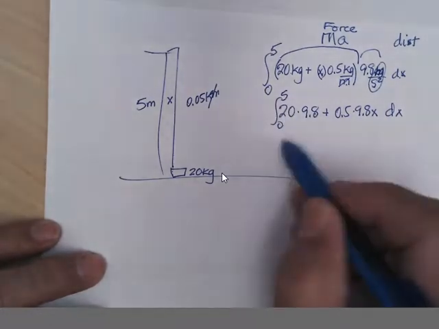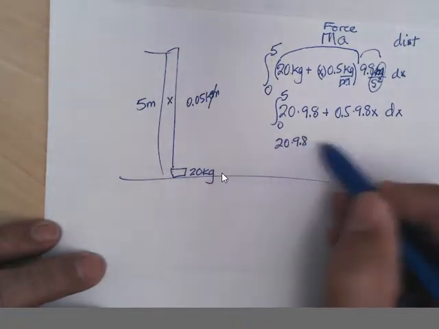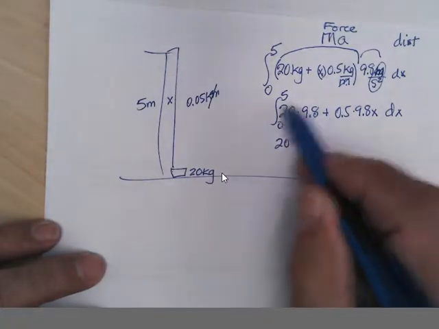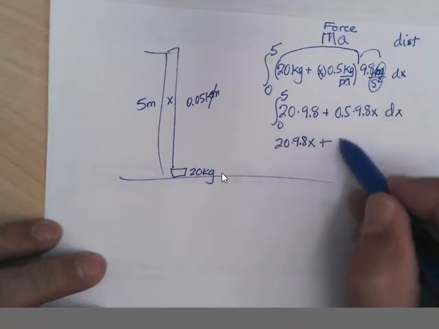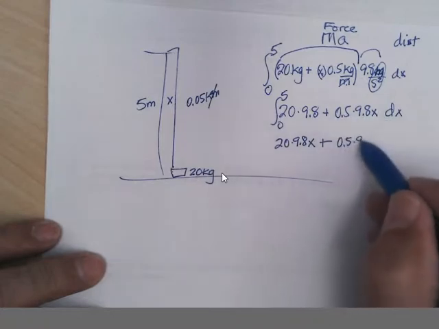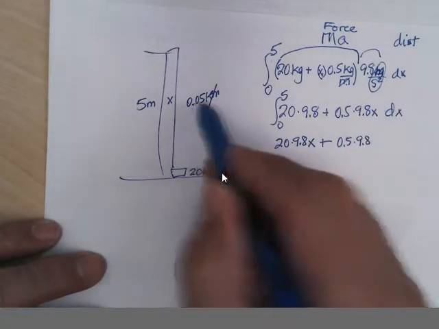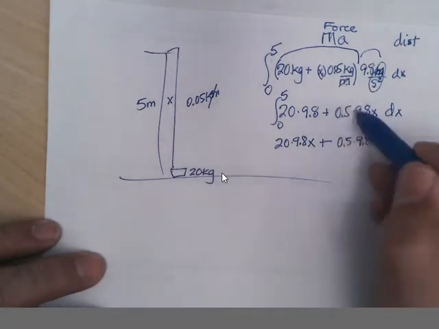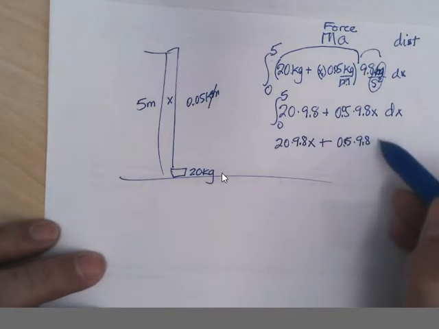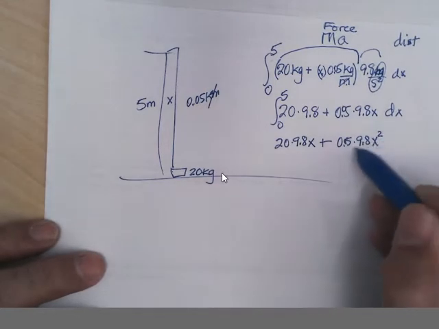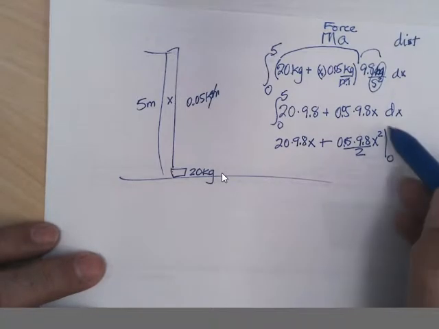This is just a constant, so it'll be 20 times 9.8x integrated, plus, integrating this, it's going to be 0.5 times 9.8, 0.05. I just realized I forgot a 0. 0.05 times 9.8 times x squared over 2, evaluated from 0 to 5.